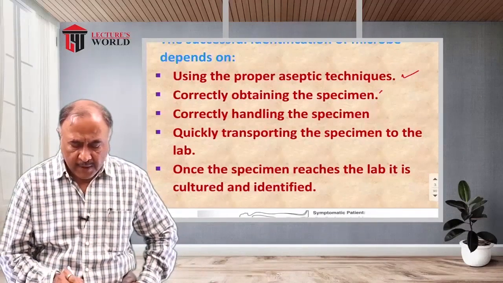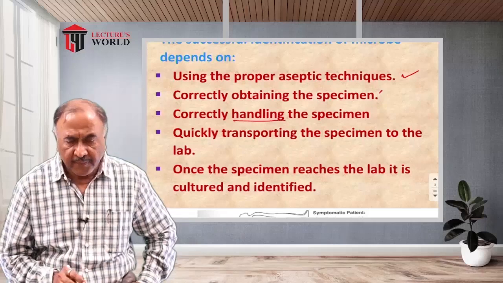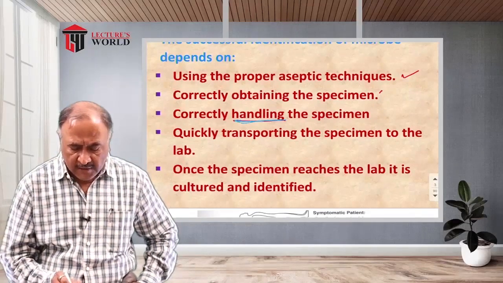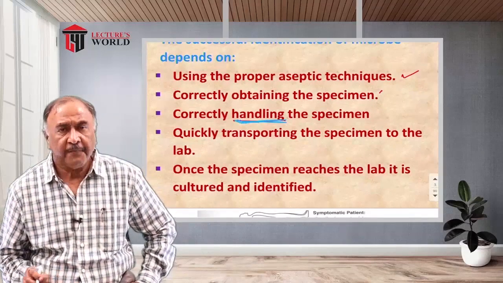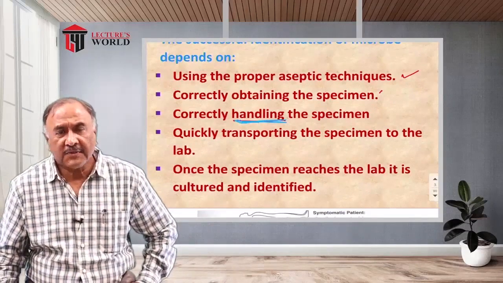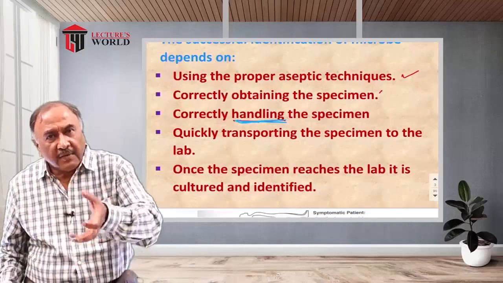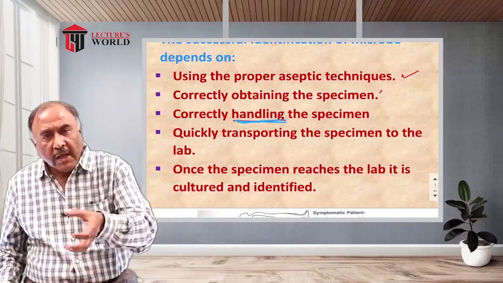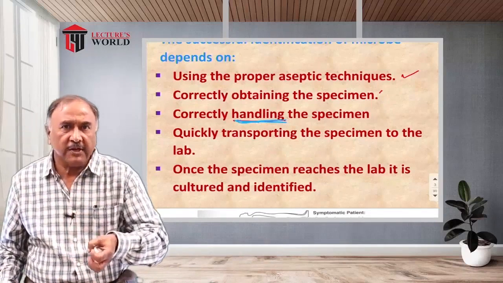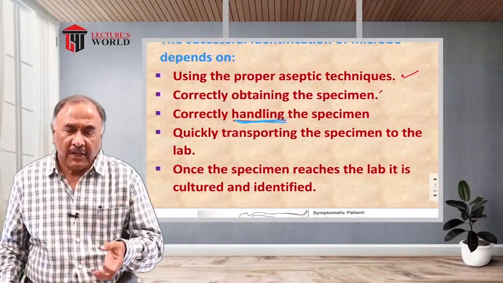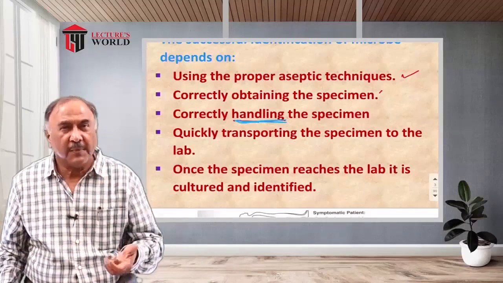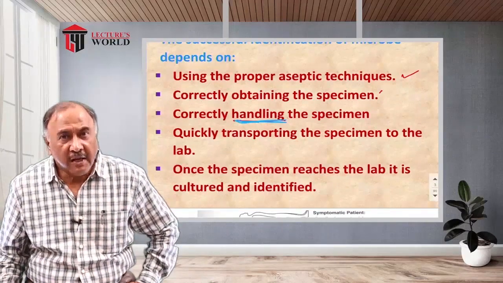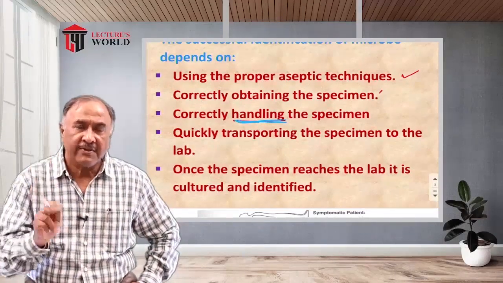Then, handling the specimen. Now, when we say handling the specimen, what does it mean? It means, let us say that from the source we have correctly identified the location and we are about to collect it. After collection, that specimen has to be placed in a container, and the container should also be sterile.